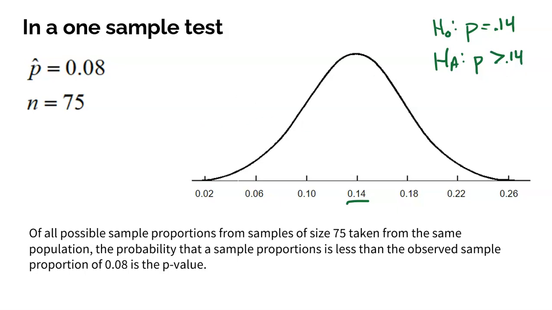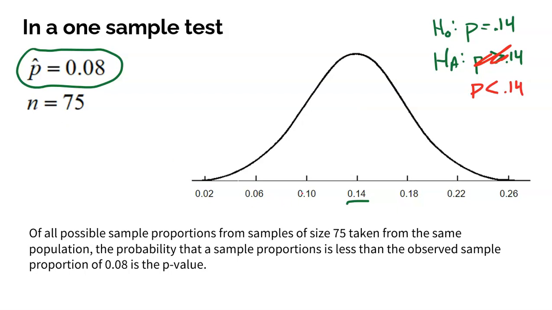I wouldn't even do this test, because if my sample came back at 8%, that means my sample is not supporting what I believe to be true. In that case, I already know I'm going to be wrong. I already know that my alternative is probably false, and I should keep the null because my sample didn't even support my own conclusion. So in this situation, I would only assume that our alternative would be that the true proportion is less than 14%.